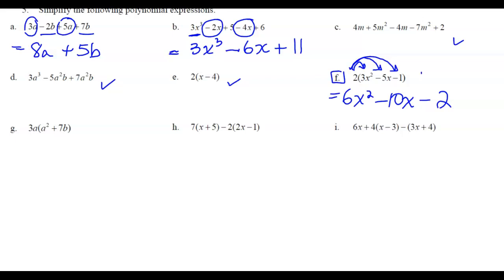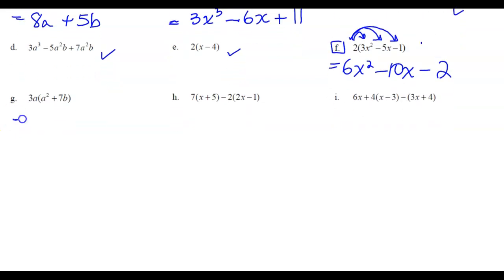Sometimes we'll have to remember our power laws, like in the next one. So when we multiply these, 3a times a squared is 3a cubed. Right? A to the 1 times a squared is a cubed. Don't forget, there's a 1 there.